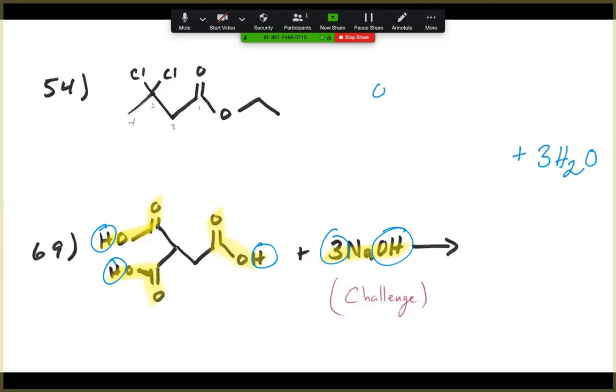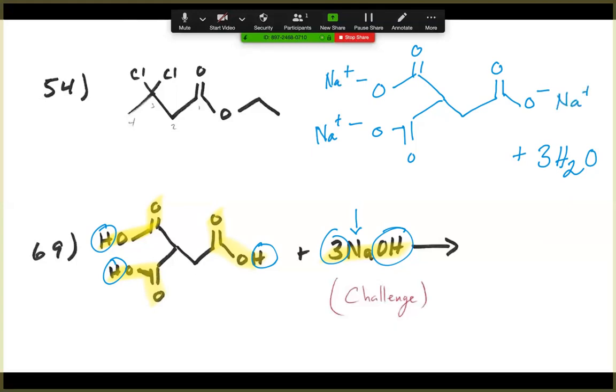That's going to leave me with, let's see if I can do this without taking up too much space. There is my carboxylate. It basically lost all its H's. And so the only thing I have left are those 3 sodium cations, and they just go in to balance out the charge.